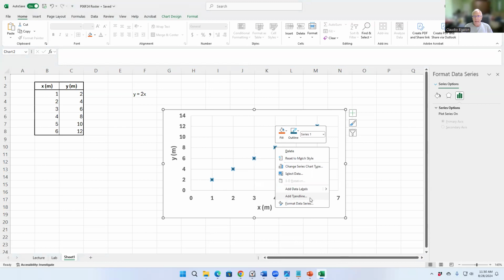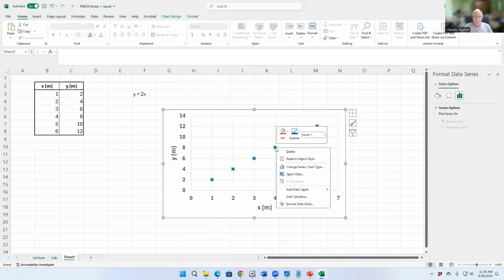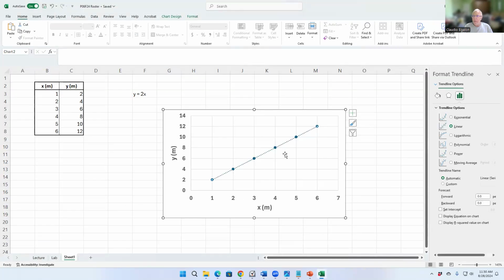Okay? Select add trend line. Add trend line. And now we have the best fit to your data points, okay?